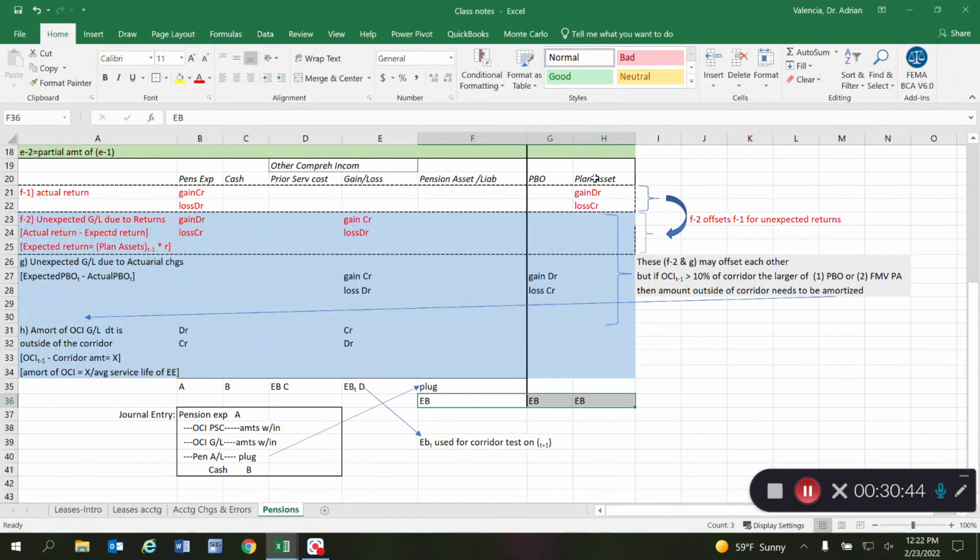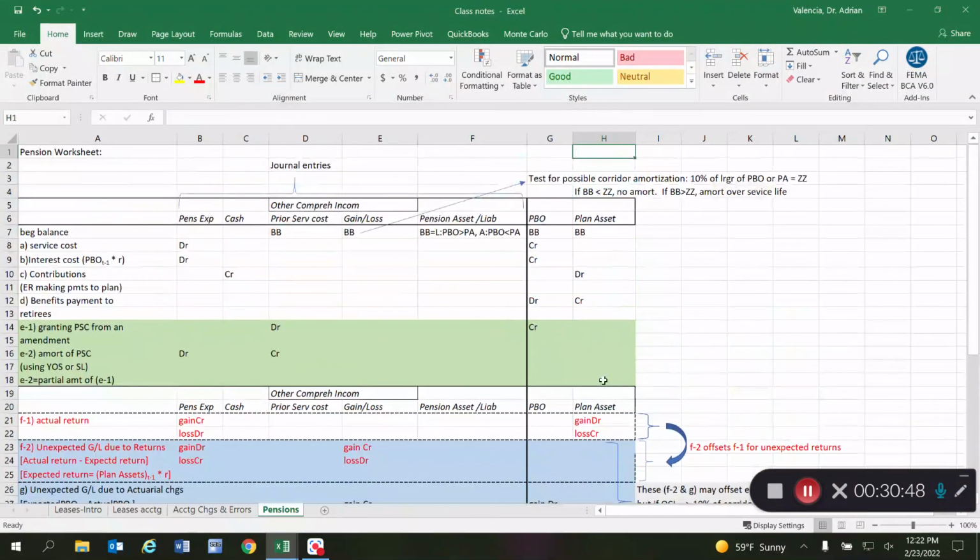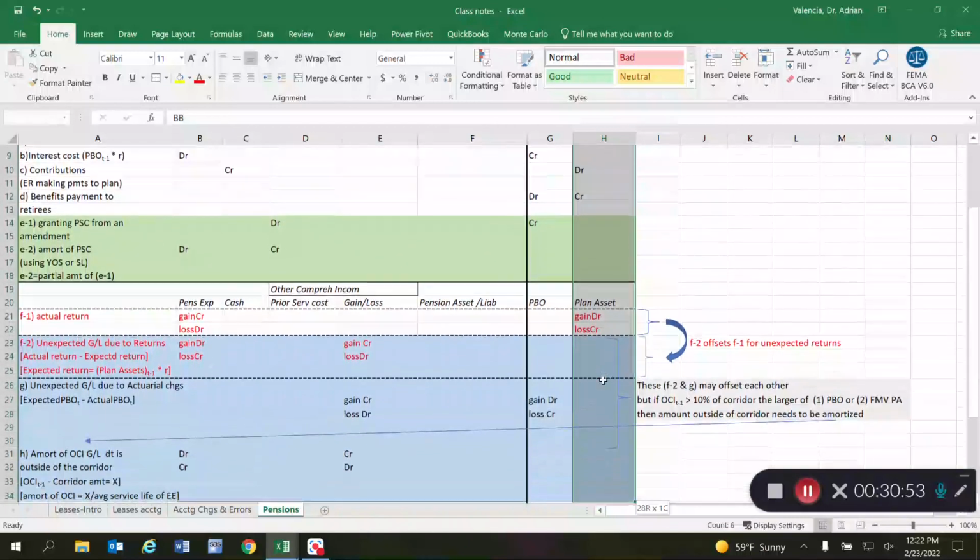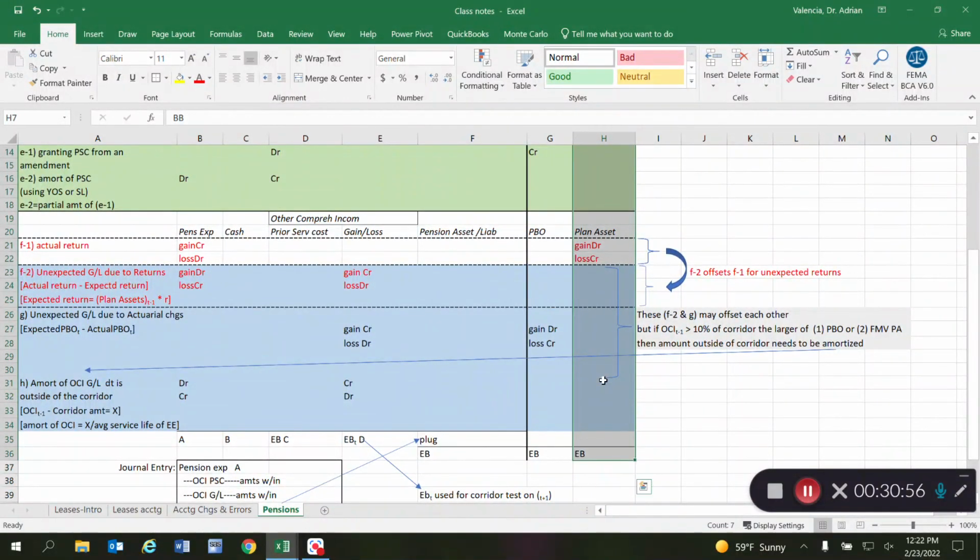So in other words, when you total up all the amounts here for the plan assets from the beginning, you include all of this. That'll give you an ending balance right here. And then same thing for the PBO, you do the same thing. Whatever determination you make right here should end up giving you the ending balance that corresponds to this. So this is a way to check your work. Let's just make believe here that PBO is 100 and the plan asset is worth 110.